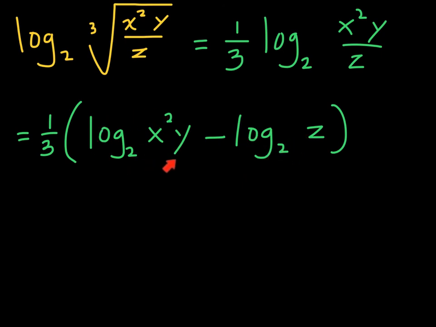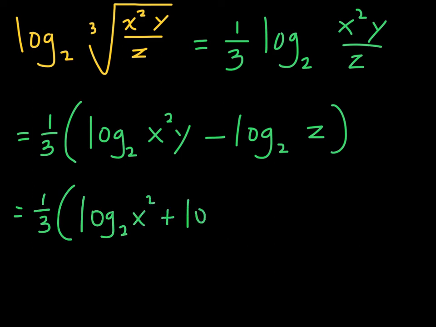This one here, this log has to be rewritten using the product rule because it's x squared times y. So I'm going to break this logarithm up into a sum of logs. So it would be 1/3 times log base 2 of x squared plus log base 2 of y, and then minus log base 2 of z.